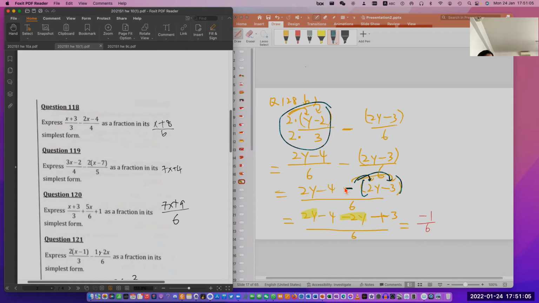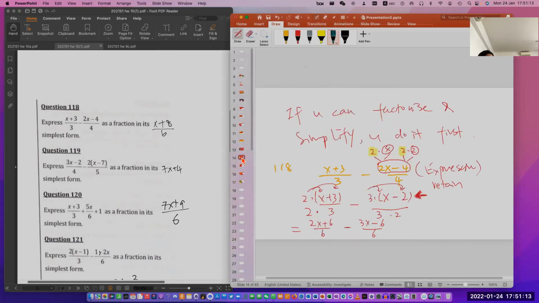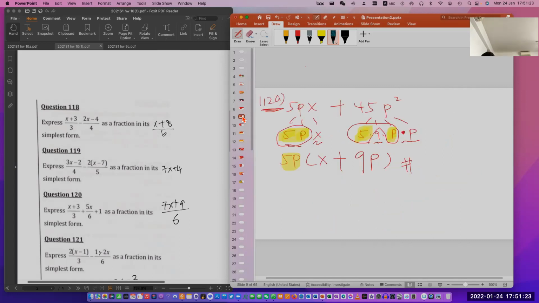Mistakes like this, you have a minus sign, you better put a bracket for the behind term. And if you see an opportunity to simplify, you simplify first before you go ahead here. And of course, the concept of factorization here, take out the common factor.